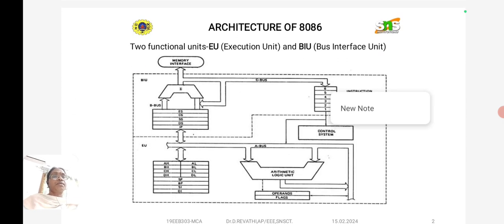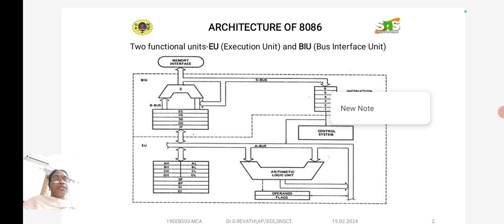This is a block diagram of 8086. It has two functional units: one is the execution unit and the other is the bus interface unit. Simply we can say it is a BIU and an EU. Normally the BI unit accesses the physical address, that is, it fetches the segment register address and calculates the physical address.